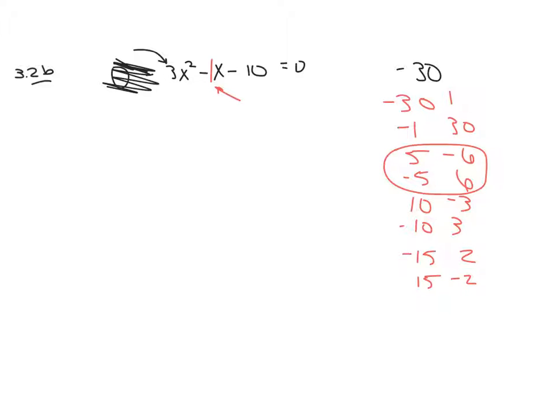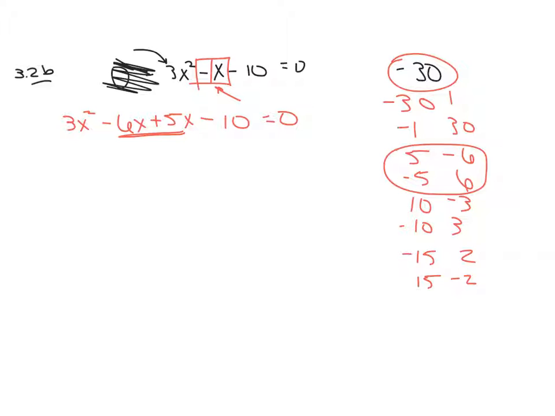So, let's write this as 3x squared minus 6x plus 5x minus 10 equals 0. Because -6 plus 5 is -1, and -6 times 5 is -30.